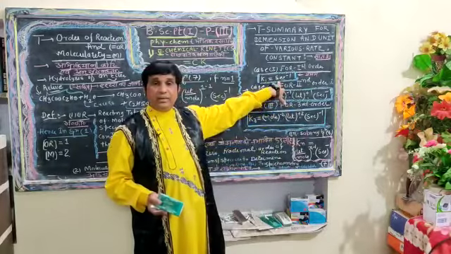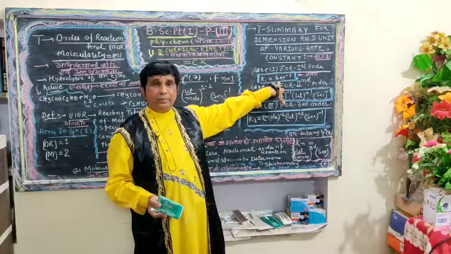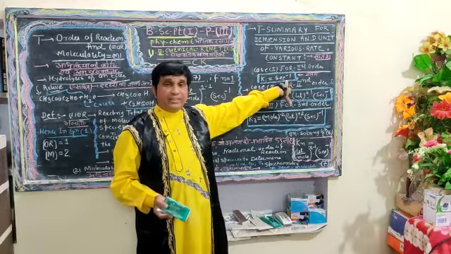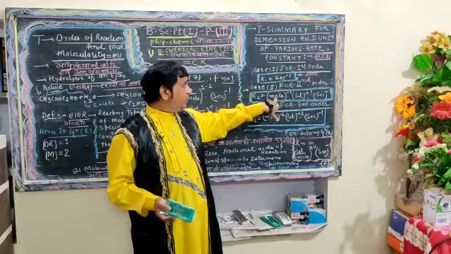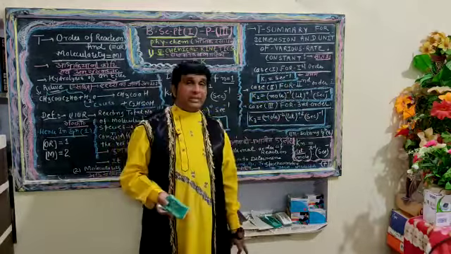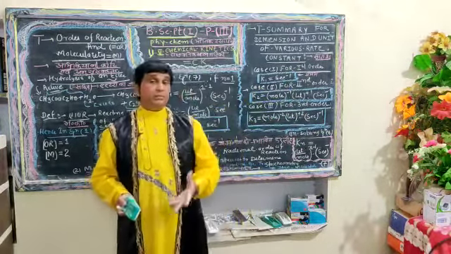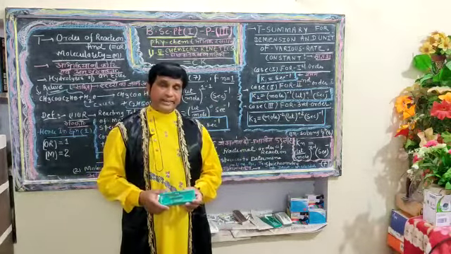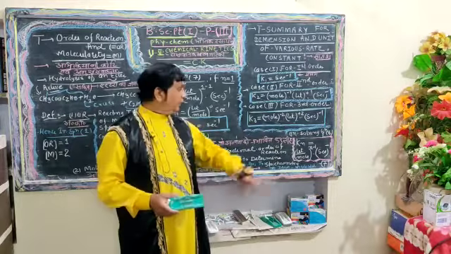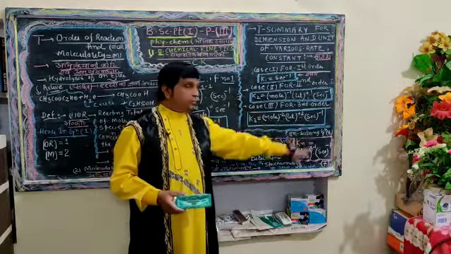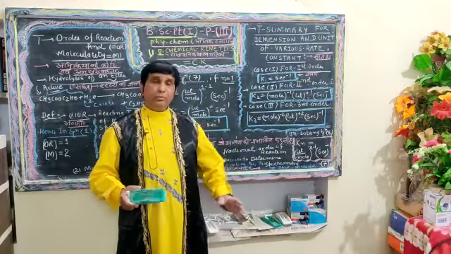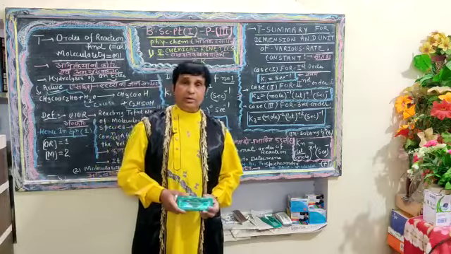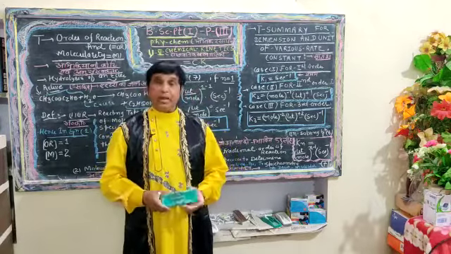Let us focus on K1 equals second minus 1 for first order of reaction, the unit for second order K2 is mole minus 1 liter plus 1 second minus 1, and for K3, third order of reaction, it is mole minus 2 liter plus 2 second minus 1.